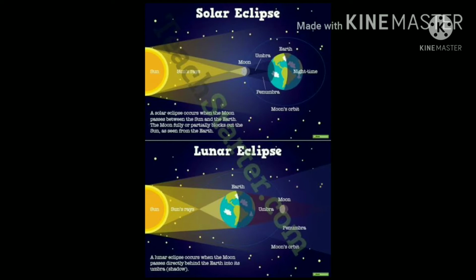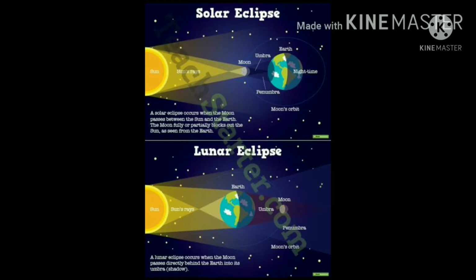Okay. That's called an astronomical event. What are the main things you have seen in the sky or space? We know sun, moon, stars. And solar system means all the planets, isn't it?